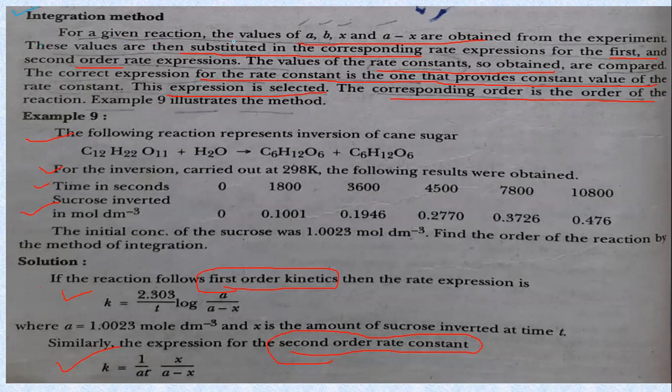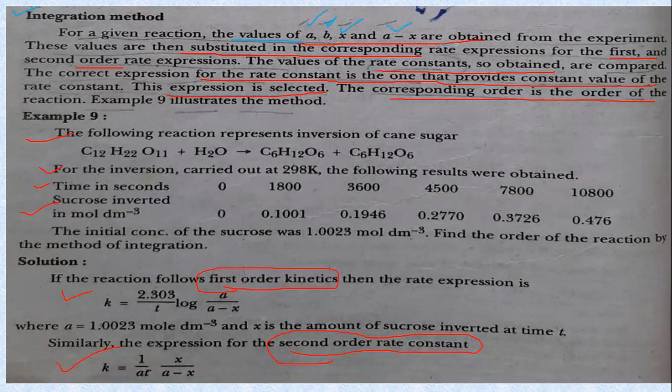For a given reaction, the values a and b mean the concentration of reactant A and the concentration of reactant B, x is the concentration of product formed after time t, and a minus x is the concentration of reactant remaining after time t.